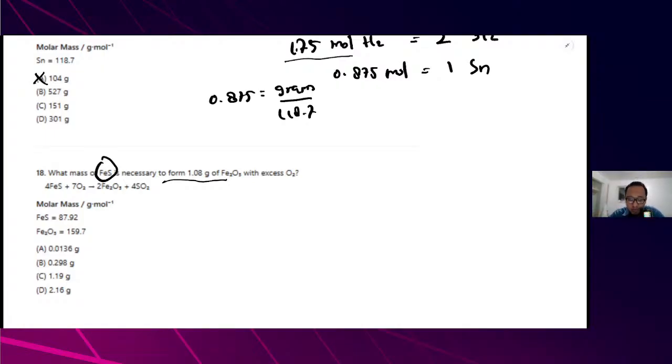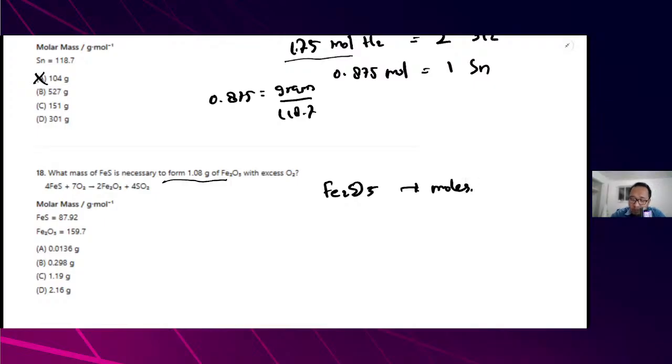Right. So now we continue our discussion, guys. What mass of FeS is necessary to form this one? So how to tackle this problem is pretty easy. Now we need to convert Fe2O3 into moles.